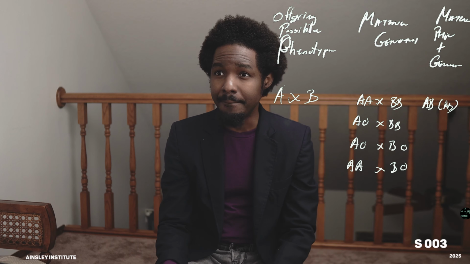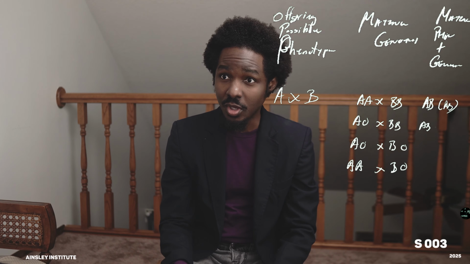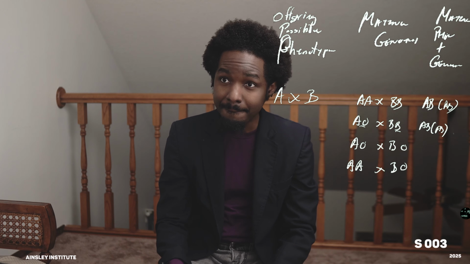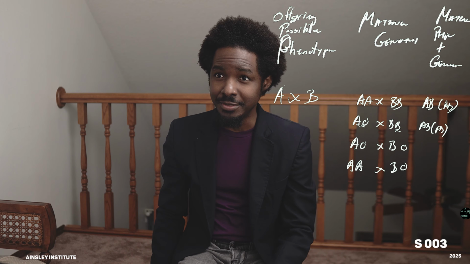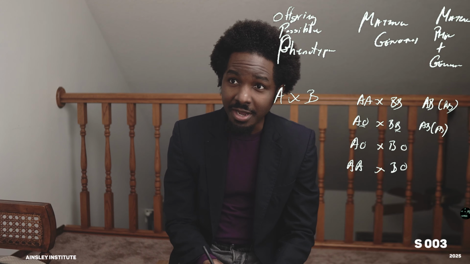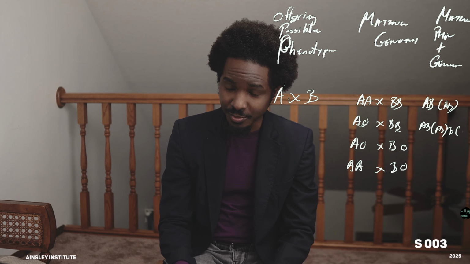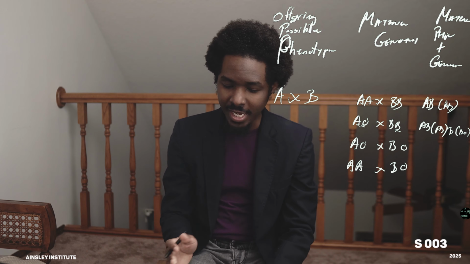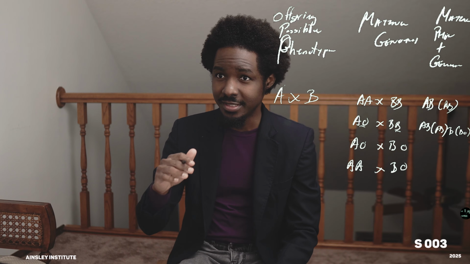The child still has a potential to be an AB person, but there is also the possibility that this child can be, based on BO, a B person. And when that happens, we have an idea as to what the genotype is. So BO. So we have an idea that one person is AO and the other person is BB.